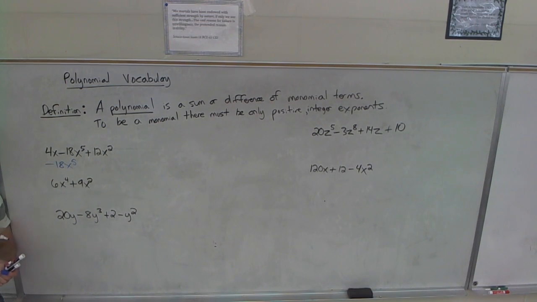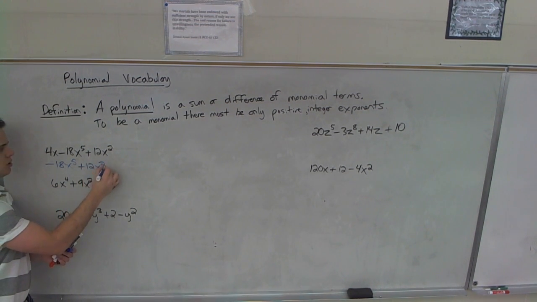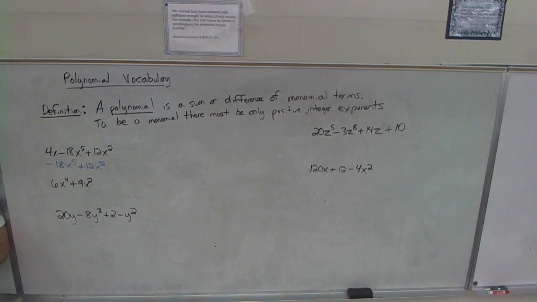So then what is supposed to come next if we're going to put it in standard form? Yeah, the 12x squared. Thanks, Richard. So that's the next highest power, and then what's the final one, of course? Plus 4x. Does that make sense? Notice the coefficients stayed attached the whole time, and it's in what's called descending power order.